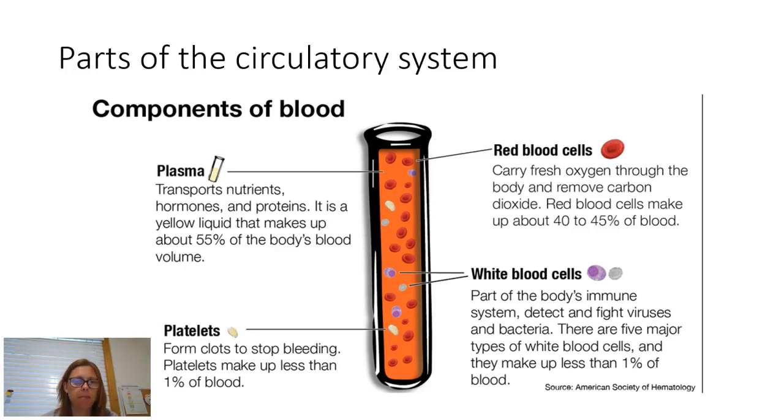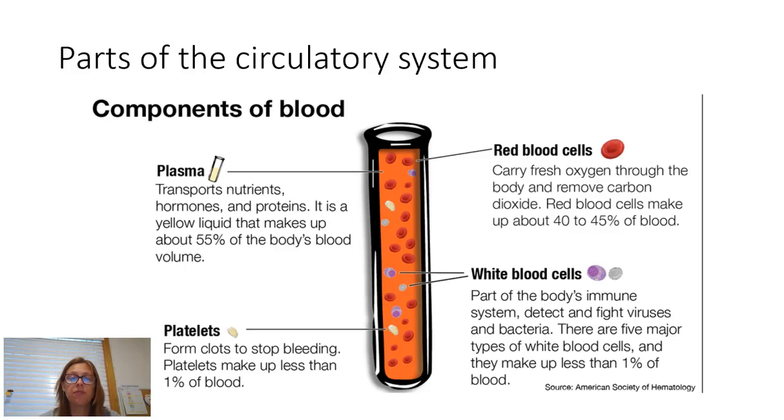Now, what makes up our blood? Now, we've talked about red blood cells already. So our red blood cells are responsible for carrying fresh oxygen through the body and removing the carbon dioxide. Now, red blood cells make up about 40 to 45% of our blood. You would have also heard of white blood cells, and that's a real part of the immune system, detecting and fighting viruses and bacteria as they infect our body.